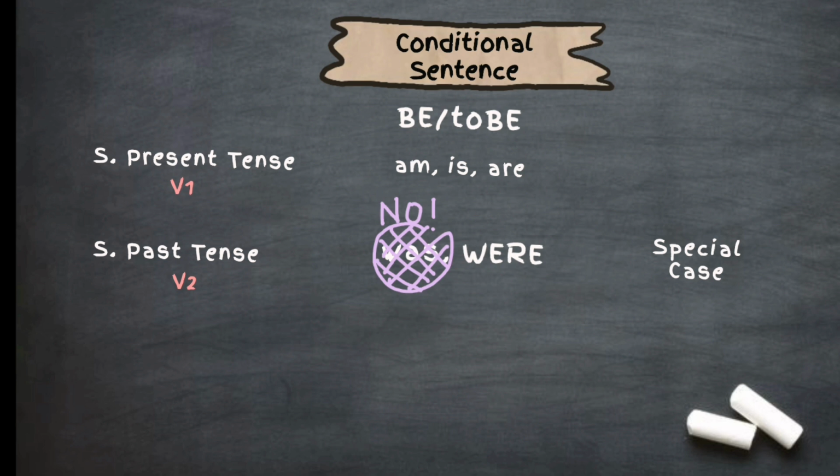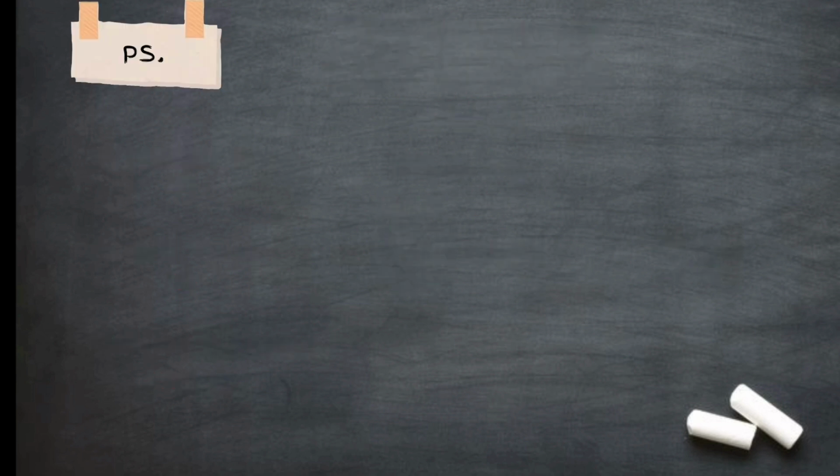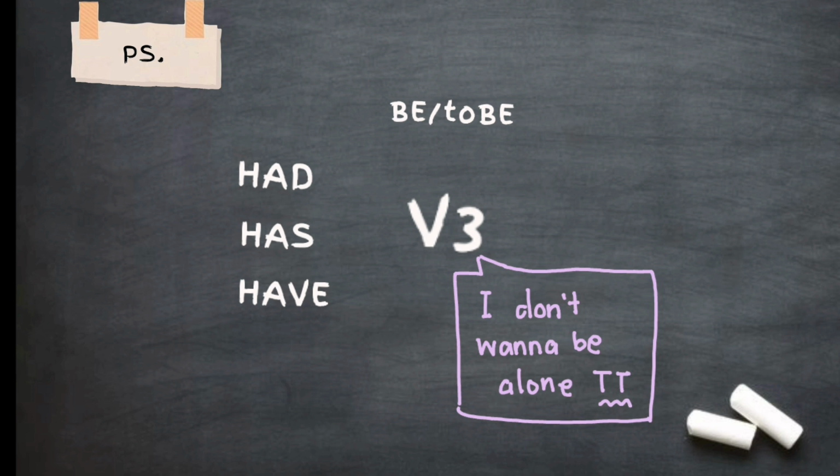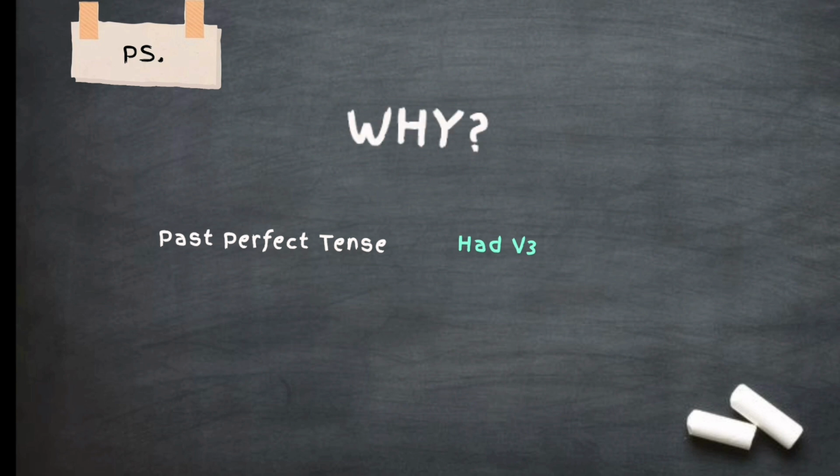And then for the type 3, we have had, followed by verb 3. Remember, verb 3 cannot stand alone. It needs had or has or have. But here we use the past perfect. Why, miss?